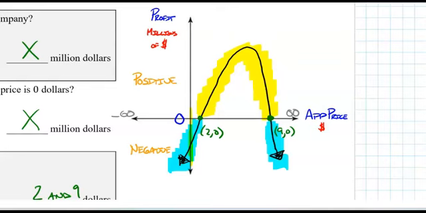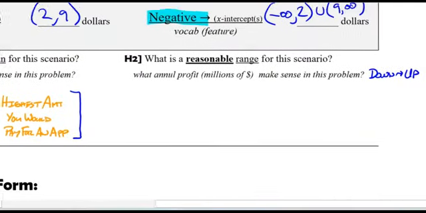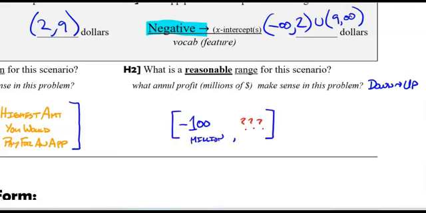So a negative value is reasonable. In terms of highest value, we could see that there is a maximum, but it is currently unknown for us at this time. So answering the reasonable range could get a little tricky. Say that the company could lose up to $100 million, negative 100 million, before they file for bankruptcy, but we don't know what the maximum profit would be, and maybe we need to pull a little bit more information out of this particular problem.